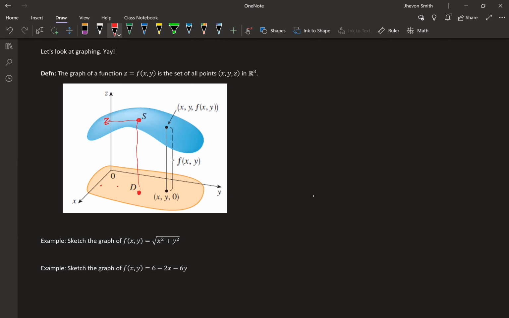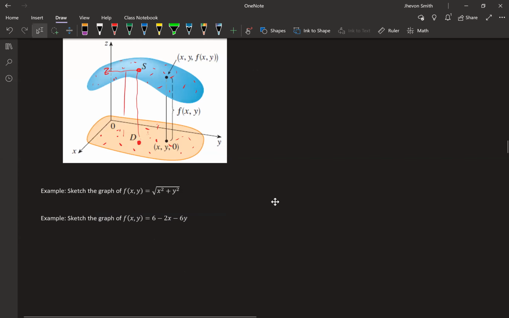And you can do that for all the points here in the domain. They'll all map up to different heights, right? So hovering over each point, there's another point at some level, which is indicated by the output of your function. So you end up creating a two-dimensional figure here. And that ends up being the graph of a two-variable function.